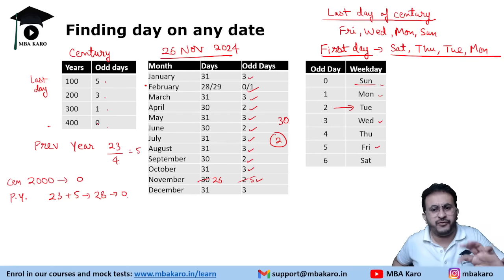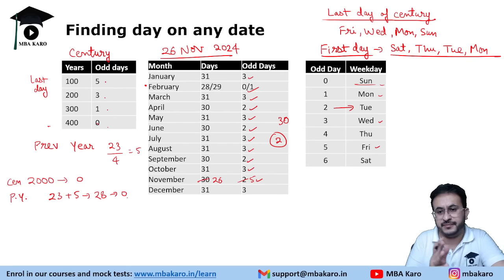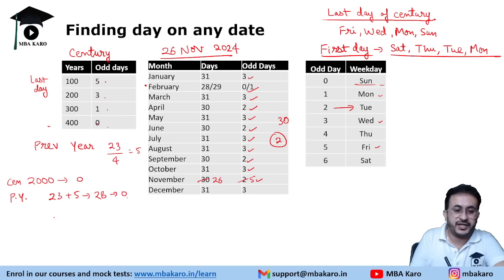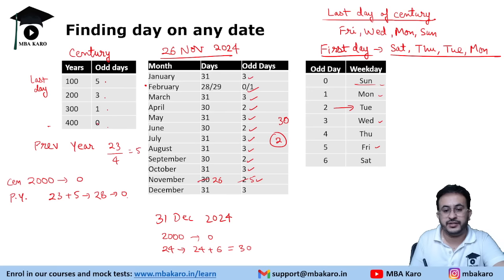We could have also done it another way: we could have found 31st December 2024 because it is easy to calculate. For 2000 years, the century, we have 0 odd days. For 24 years, it will be 24 plus 6, that is equal to 30. 30 means 2 days, so it will be a Tuesday on 31st of December.